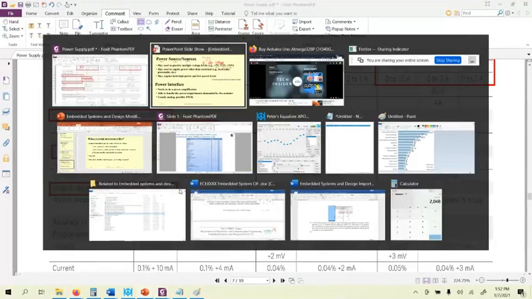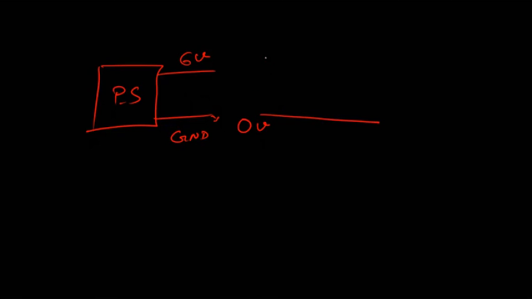Because remember again, whenever we design a power supply, if we are designing a DC power supply, we are saying 6 volt and ground. Ground, if I measure it, should always be 0 volt, and 6 volt is a steady line like this.